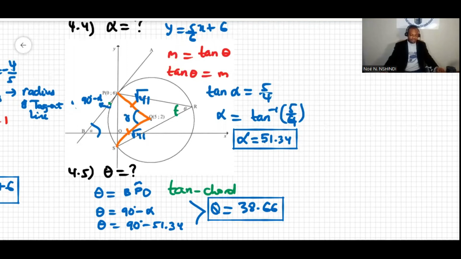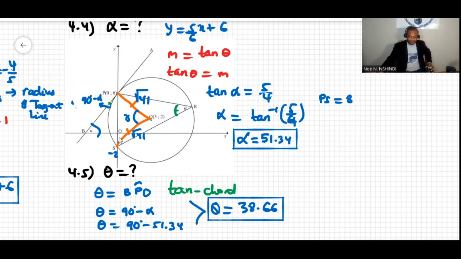Now, we know the distance PS here, because S was found, the point was found to be -2. So we can look at the distance here, 6 to -2, so PS is equal to 8 units.